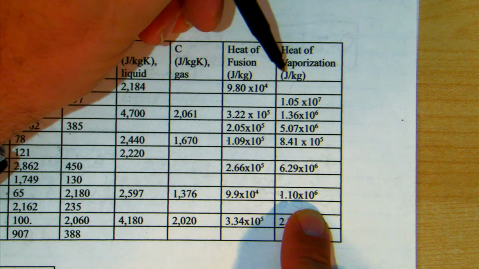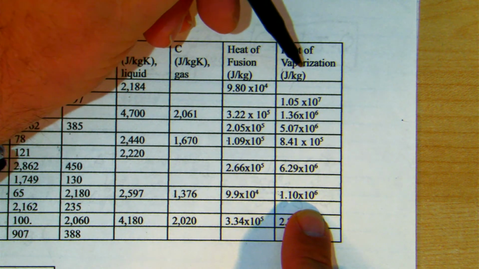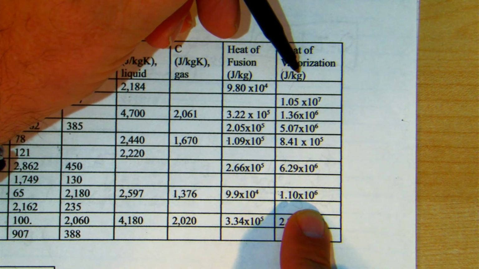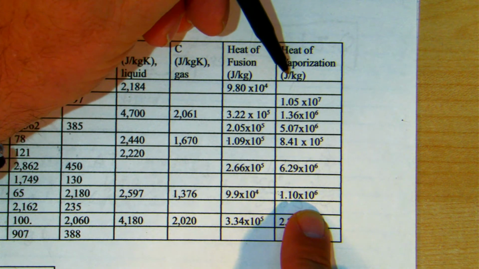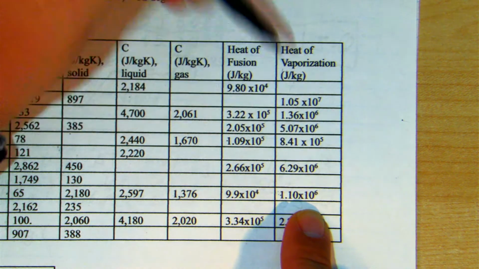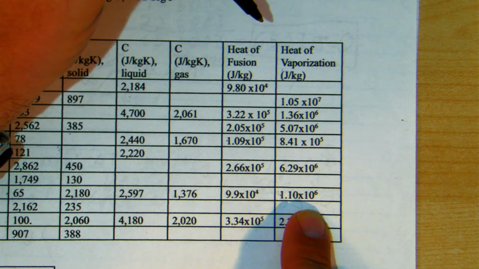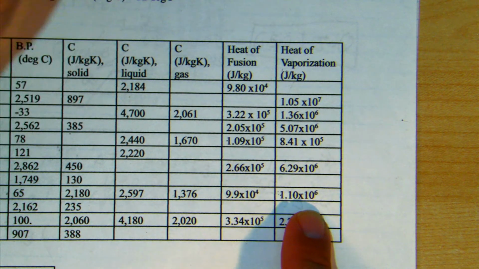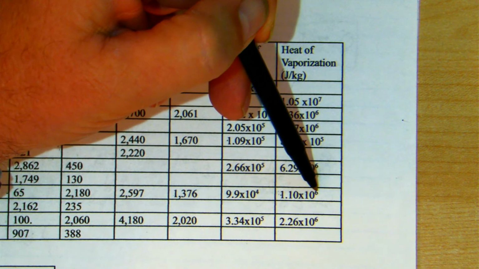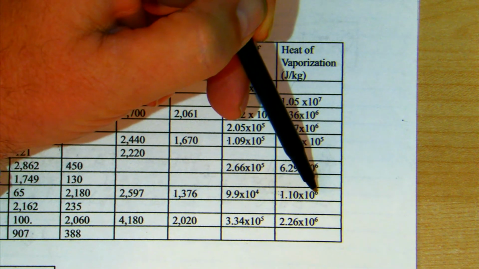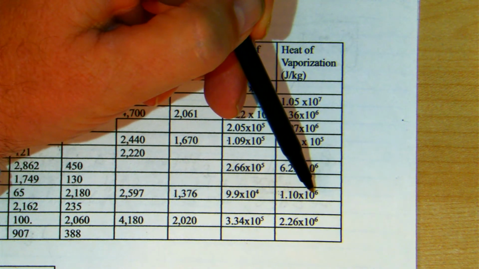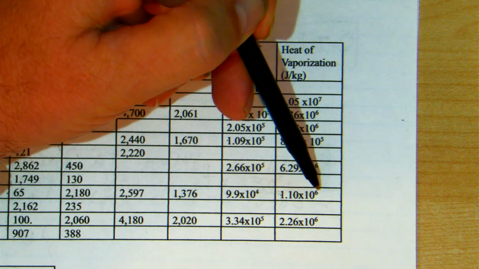Once again, we're going to be working in units of joules per gram. There are 1,000 grams in a kilogram. So I'm going to divide this number by 1,000, which is 10 to the third power. 10 to the sixth divided by 10 to the third is 10 to the sixth minus 3, which is 10 to the third.